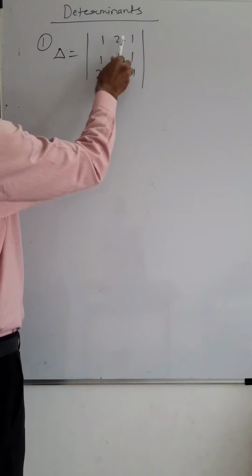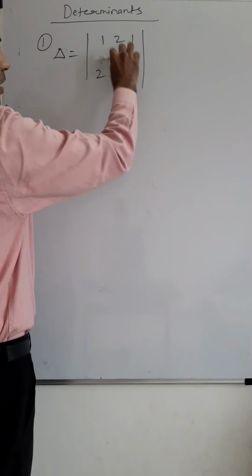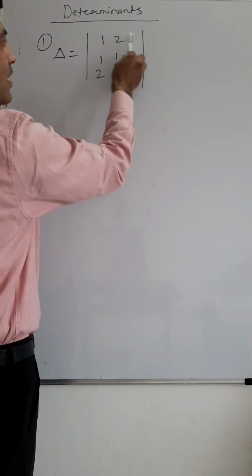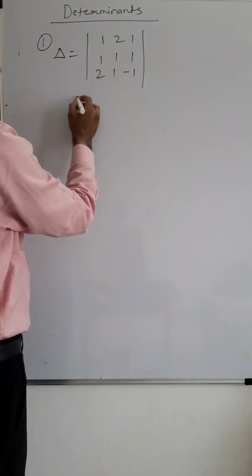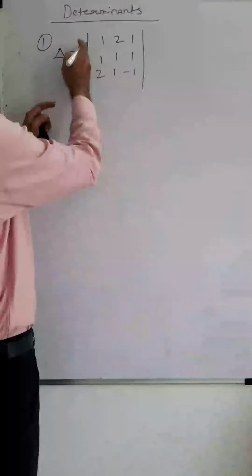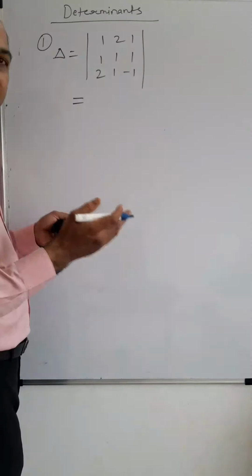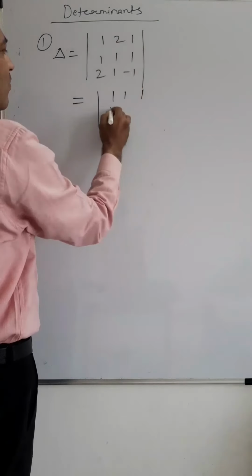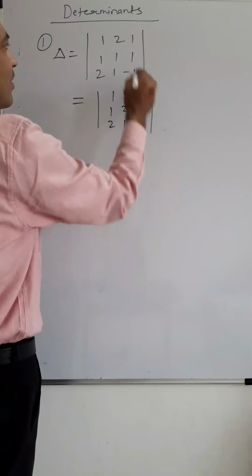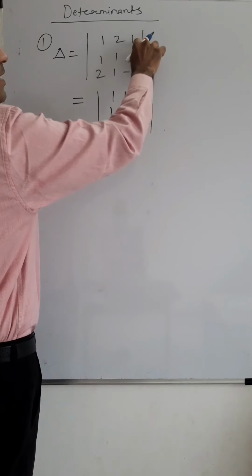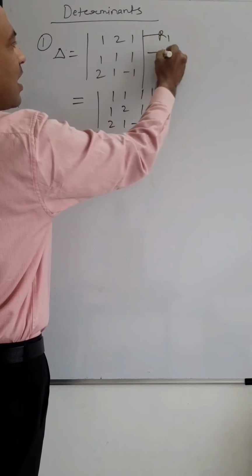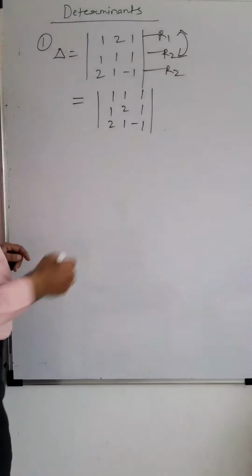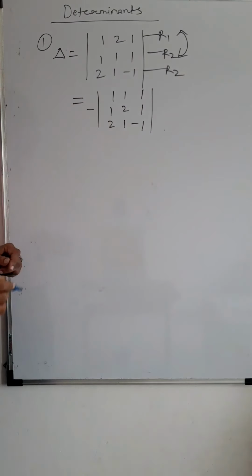If you change any row or any column, adjacent row or adjacent column, this or this or this or this, the value of determinant will be the same, but a negative sign you have to keep. Let's say if you are changing this row to here: 1 1 1 and 1 2 1, 2 1 minus 1. What I did, I swapped, means I flipped this to there. This is, let's say, R1, R2 and R3. What I did, R2 to R1, so R1 became R2. So here the minus sign will come.